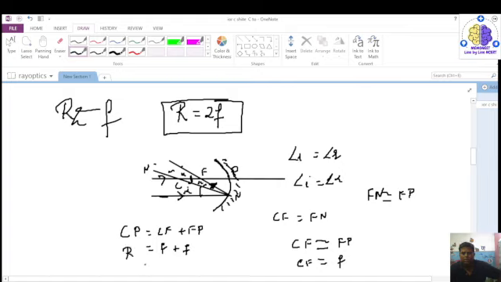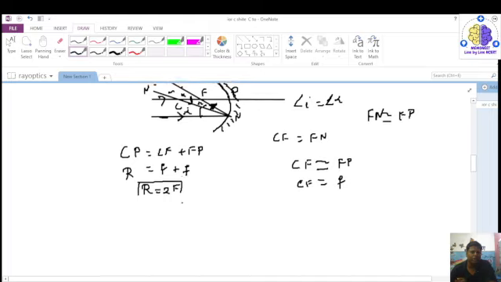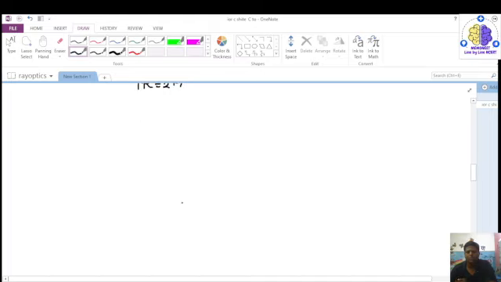So here we can write R. From here we can say that R is equal to 2 times f, right? So this is how we find the relation that the radius of curvature is 2 times the focal length of a mirror. The same calculations are true for your convex mirror also.